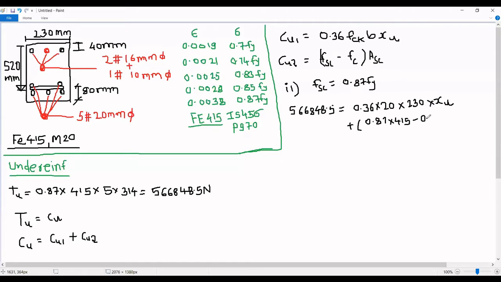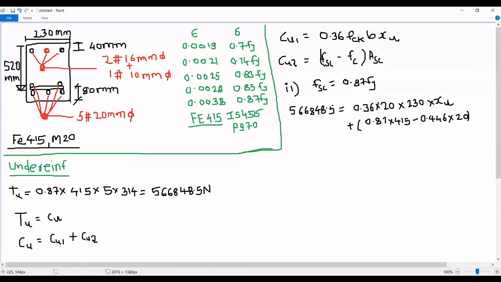So I will write down that 0.446 into 20 into area of compression steel.